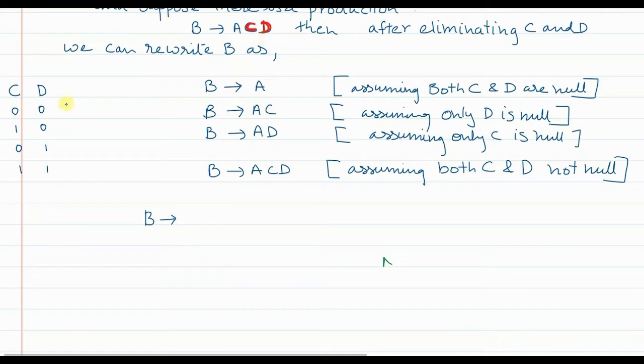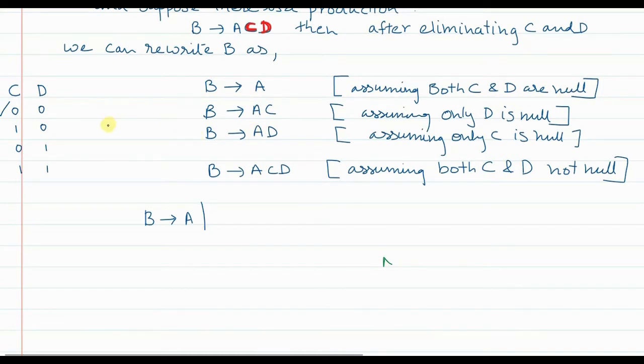C and D are nullable. Consider the first case, wherein C is null and D is also null. If both do not exist, what will remain here? B can replace itself with only A. So A is one term. That's what I have written here: B gives A, assuming that both C and D are null.